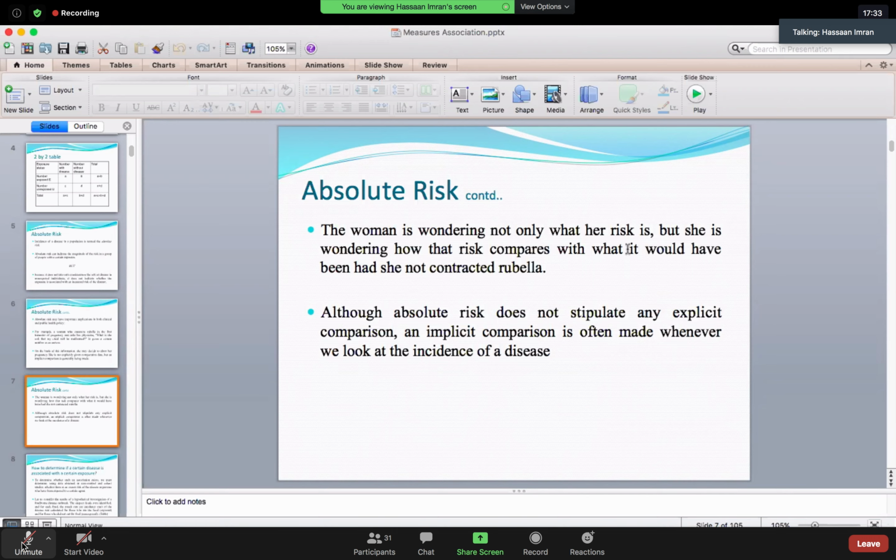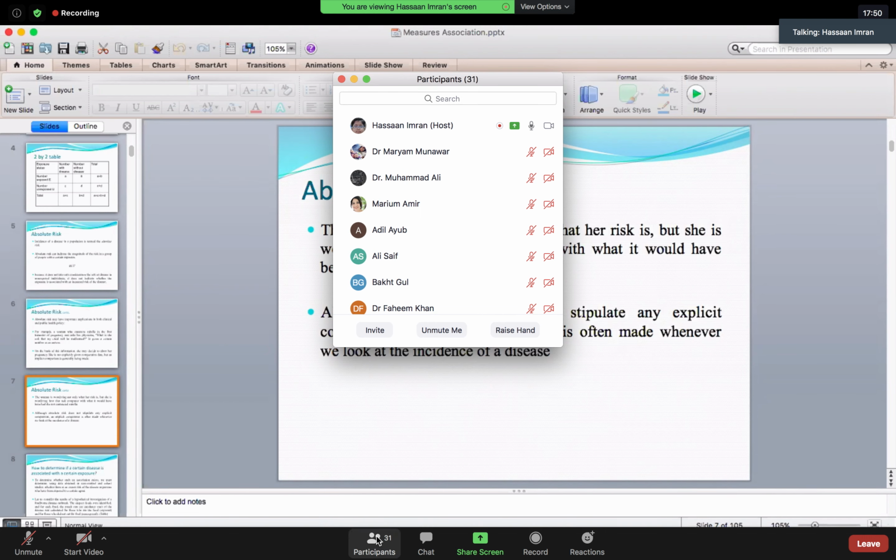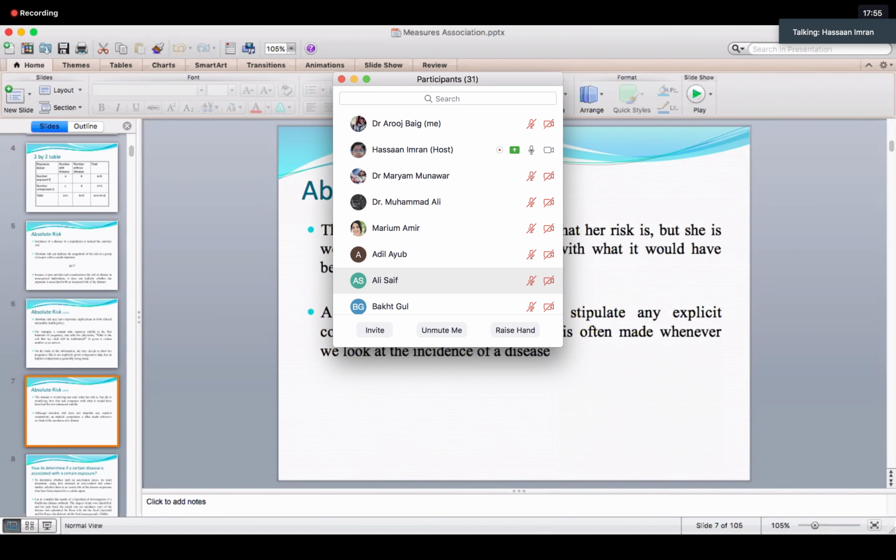She might also ask what that risk would be if she had not contracted rubella. Does any risk exist then also? She might ask this of her gynecologist, because rubella is not the only reason that causes congenital anomalies. But how would the gynecologist comment on that until she knows the risk of congenital anomalies among those females who did not contract rubella?